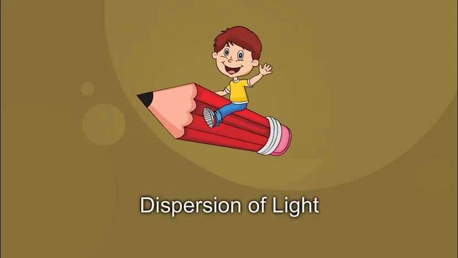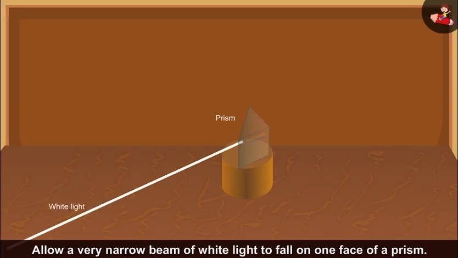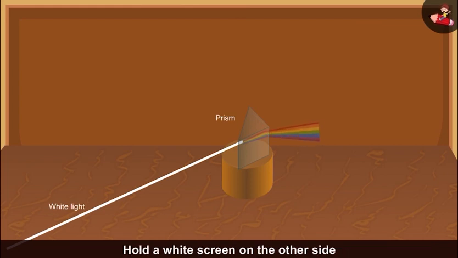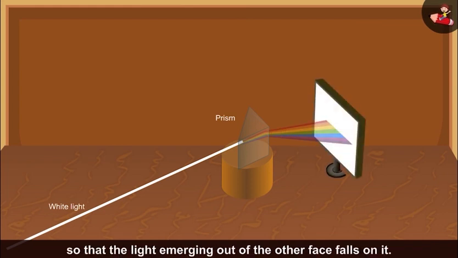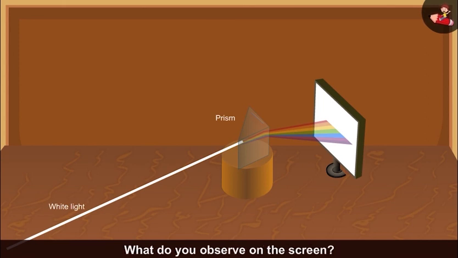Dispersion of light. Allow a very narrow beam of white light to fall on one face of a prism. Hold a white screen on the other side so that the light emerging out of the other face falls on it. What do you observe on the screen? You will see that the white light has split up into 7 different colors on the screen.